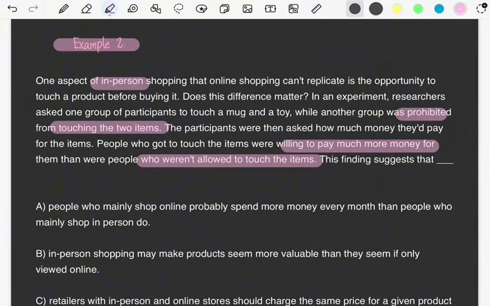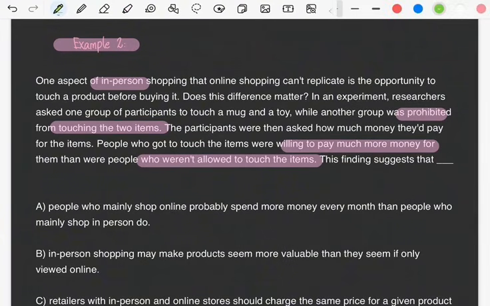Now the logic that follows is if you were able to touch the item, you'd be willing to pay more, therefore something about in-person versus online.